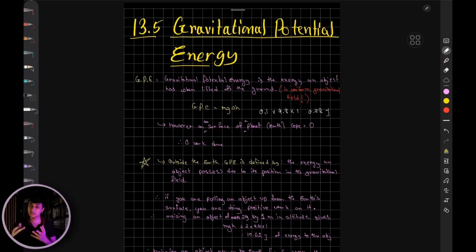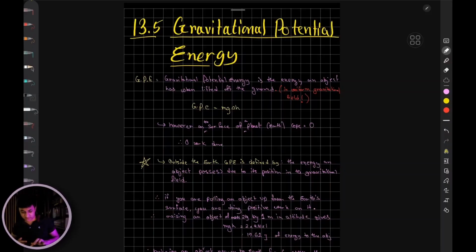You are indeed putting in energy and giving it 0.98 joules of energy in the form of potential energy, but that is not its ultimate potential energy. You have provided that energy, but that is not its net potential energy. So, one by one, let's start from how we used to define gravitational potential energy.